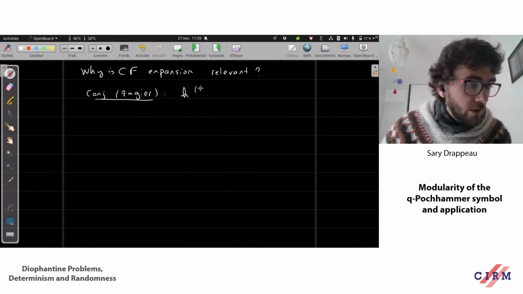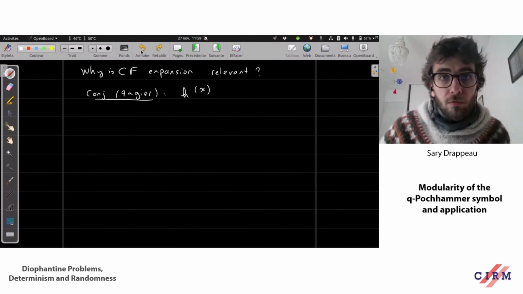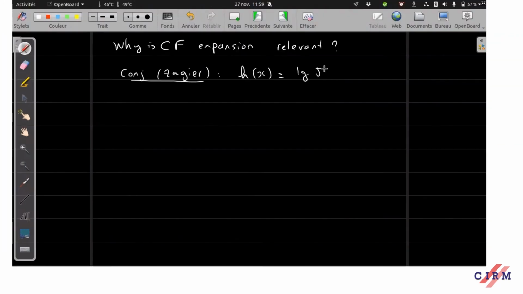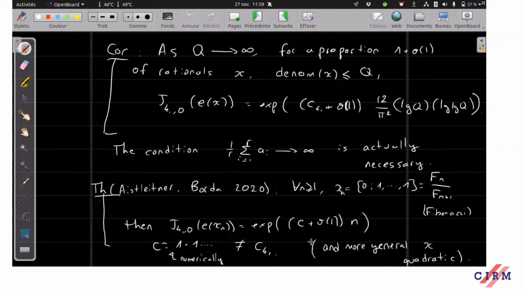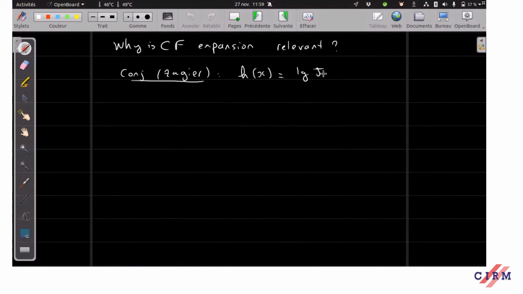You let h of x be, so I will state it only for the variant that I mentioned before, h of x be the log j, see, everything happens inside the log, so let's take the log, log j of that function from before at e of x, minus log j, same thing as before, at e of 1 over x.